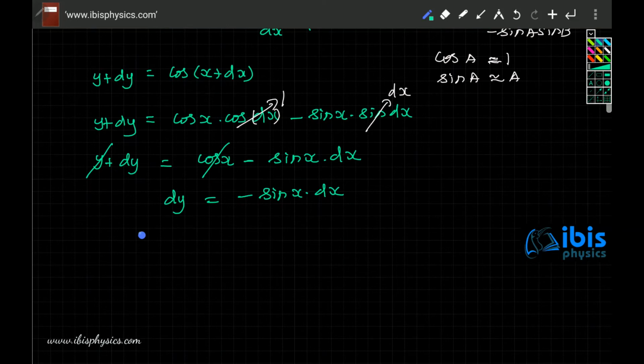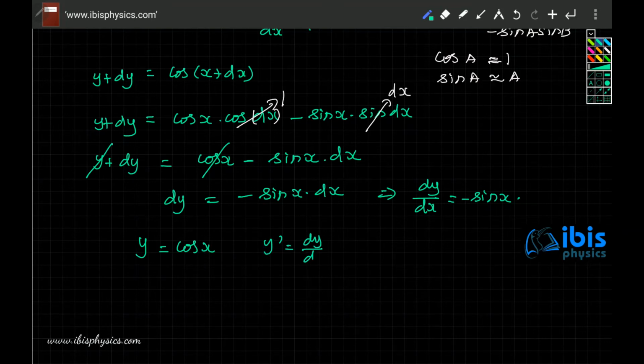That means if y equal to cos x, I'm sorry for this, dy is minus sin x dx, then dy by dx is minus sin x. So if y is equal to cos x, y dash, which means dy by dx, is equal to minus sin x.